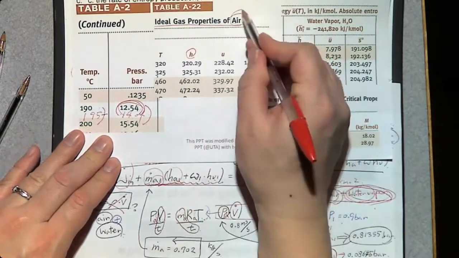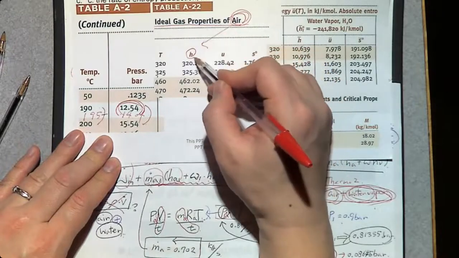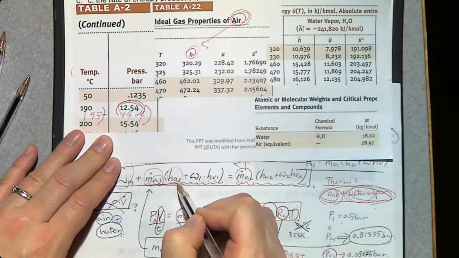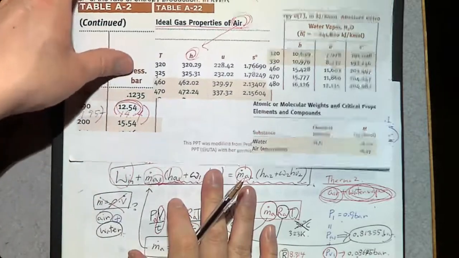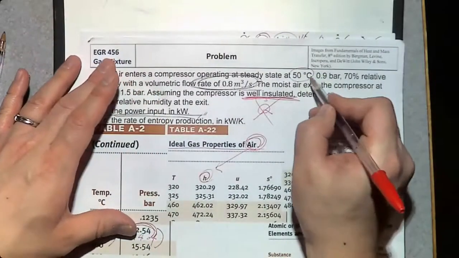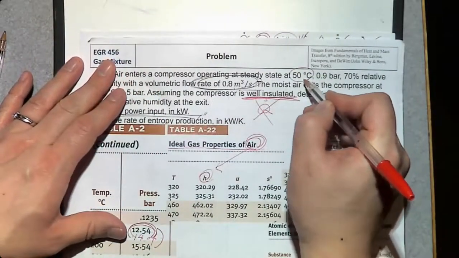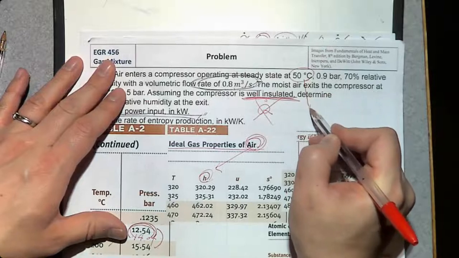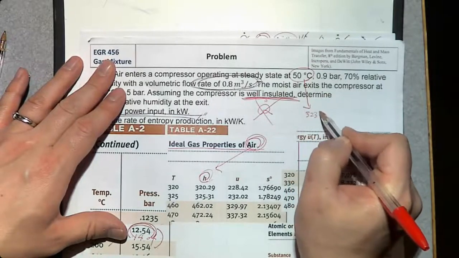So we can use the air property table, which is right here. What is the temperature at the inlet? The inlet temperature is 50 degrees Celsius, which is 323 Kelvin.